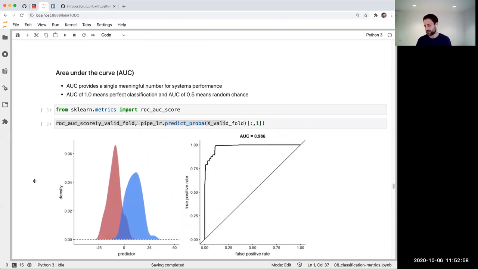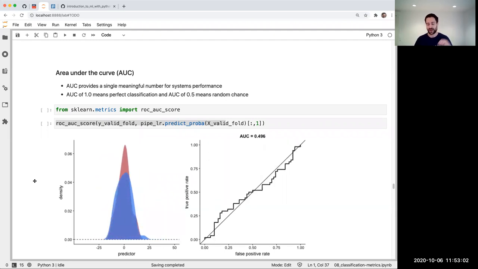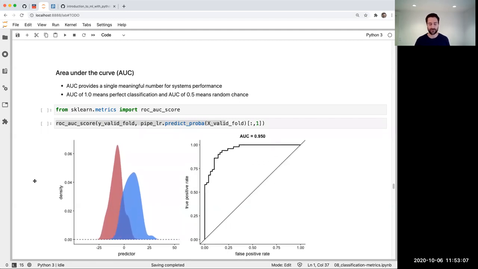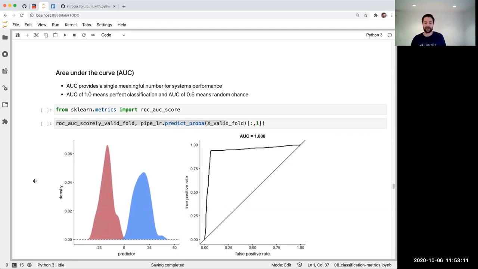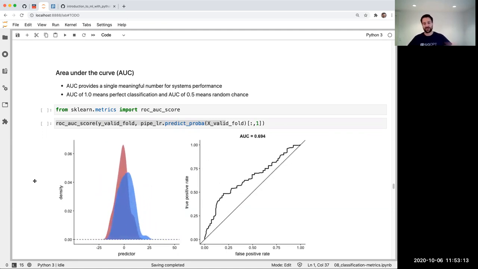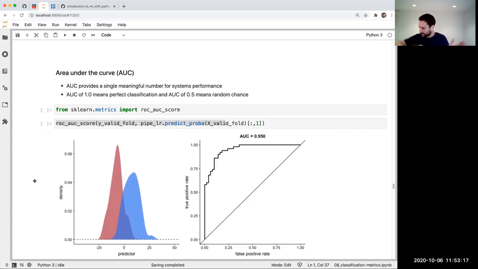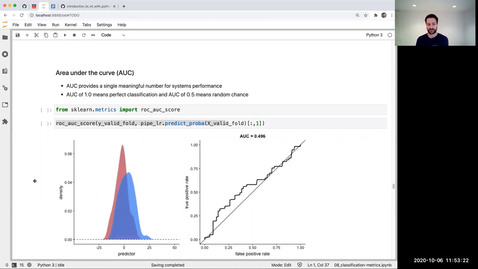Like for all the frauds, predict proba is always outputting, say, between 0.8 and 1. And for all the not frauds, predict proba is always outputting, say, between 0 and 0.2. That's basically the dream situation. That means everything is perfect. You just threshold somewhere in the middle, like 0.5, classify all the frauds correctly on one side, and all the not frauds correctly on the other side.